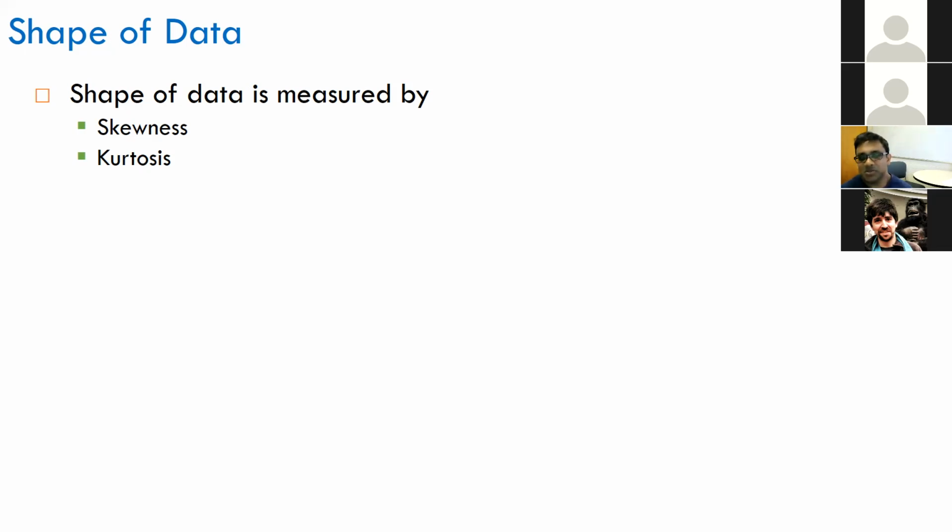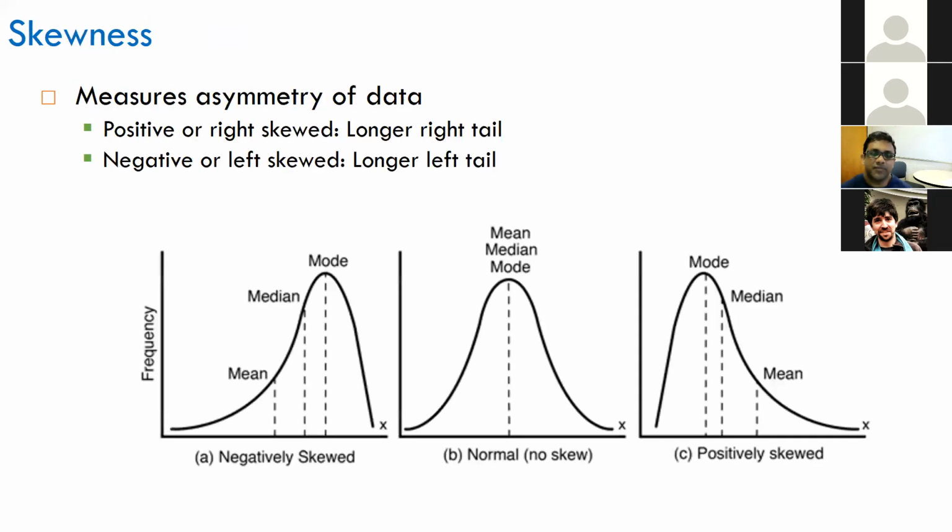Sometimes you will see the kurtosis is this value, the skewness is that one. So what is skewness? Skewness is the measure of symmetry. Why is symmetry important? Because based on the symmetry, you need to analyze your data accordingly.